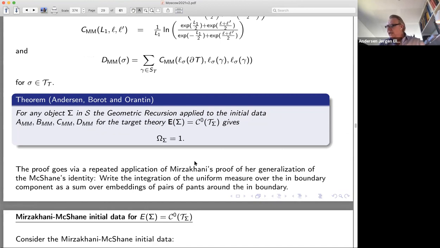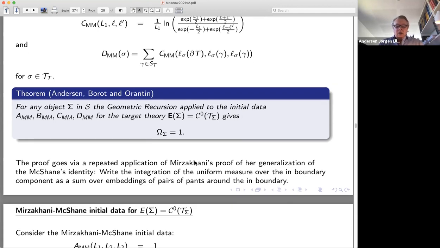But it's really a splitting of the unit function, not into functions with compact support as you normally do, but some kind of partition of unity relative to this geometric recursion scheme.